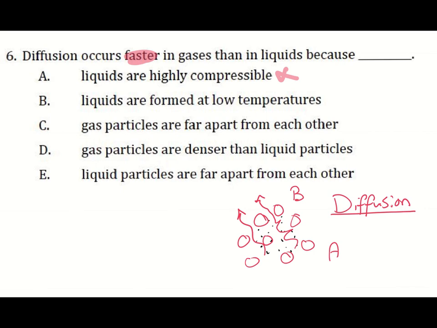No. Liquids are formed at low temperature? Doesn't make sense. Gas particles are far apart from each other? This answer could be correct. Gas particles are denser? No relation with density. Liquid particles are far from each other, which is not even correct. So our choice will be only C.